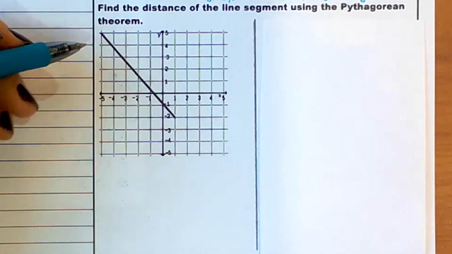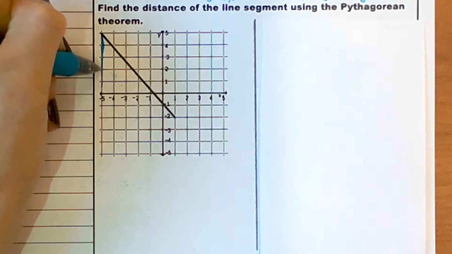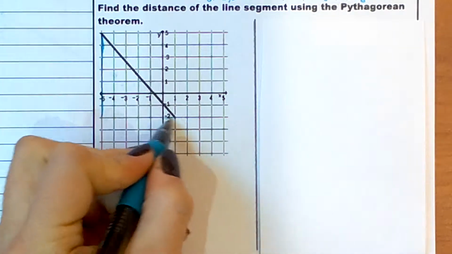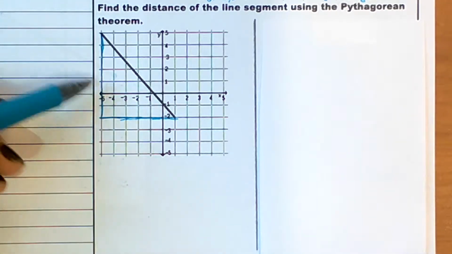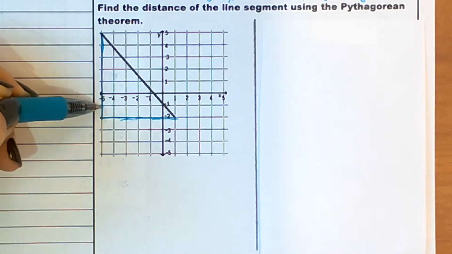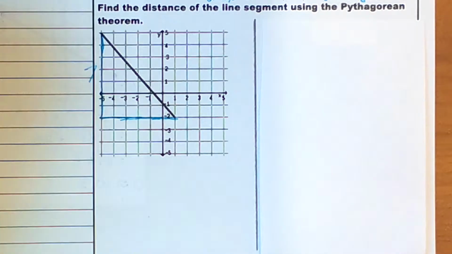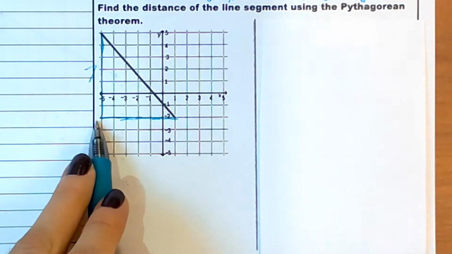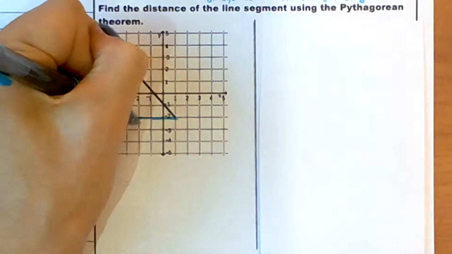So what we're going to do first is make a right triangle, kind of like what we did with slope. And we're going to box this in, because the sides we can actually figure out. I know that this distance of the right triangle is 1, 2, 3, 4, 5, 6, 7. So there's 7 units right there. And then on the bottom we have 1, 2, 3, 4, 5, 6.